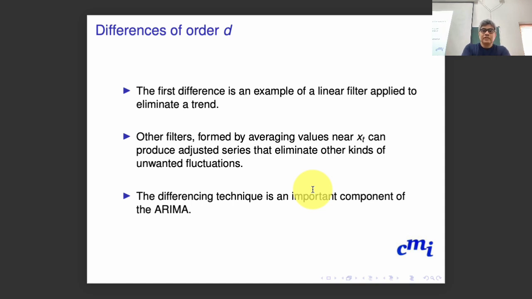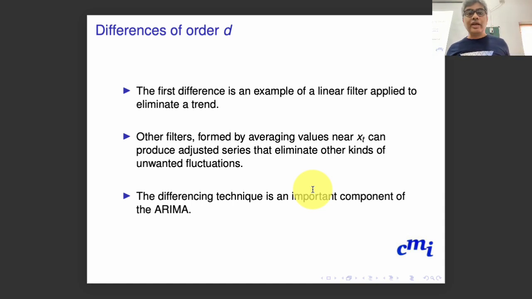The first difference is an example of a linear filter applied to eliminate the trend, so you can call it a linear filter. The second difference you can sometimes call a quadratic filter, to eliminate the quadratic effect.